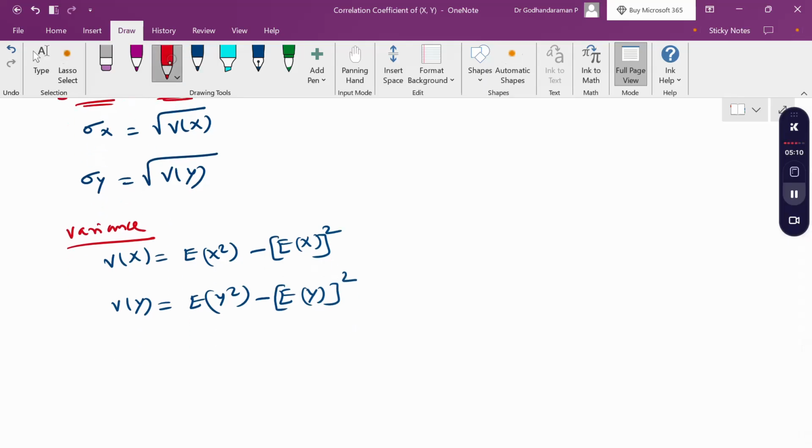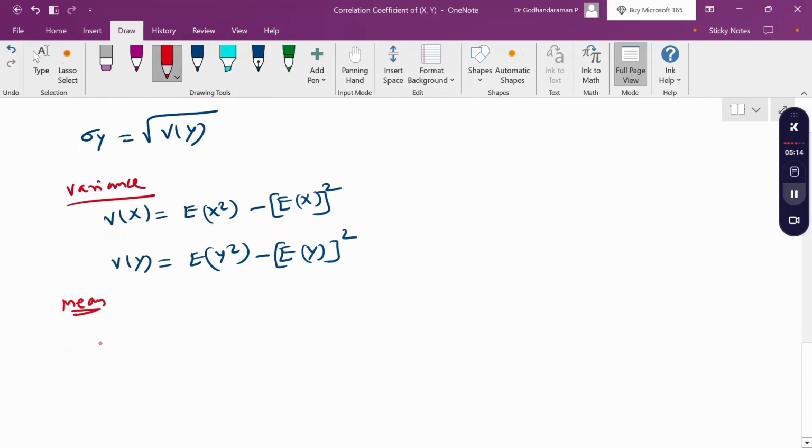Now to calculate the mean: the mean is nothing but the expectation of X, the summation over X from minus infinity to plus infinity of X times P of X, which is the short form of P(X equal to x).